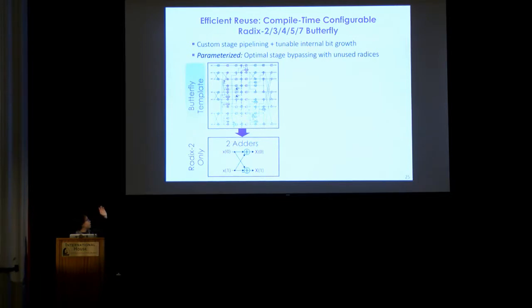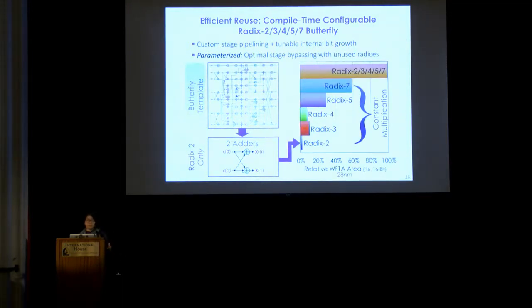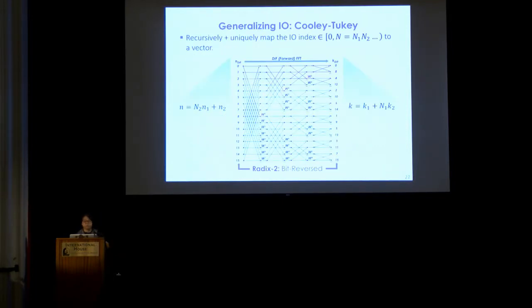So this butterfly template just ends up reducing down to a radix 2 only output for hardware if you only need that case. So as you can see, unlike a standard IP core, which is only configurable at runtime, you're actually able to save area if you don't need it.